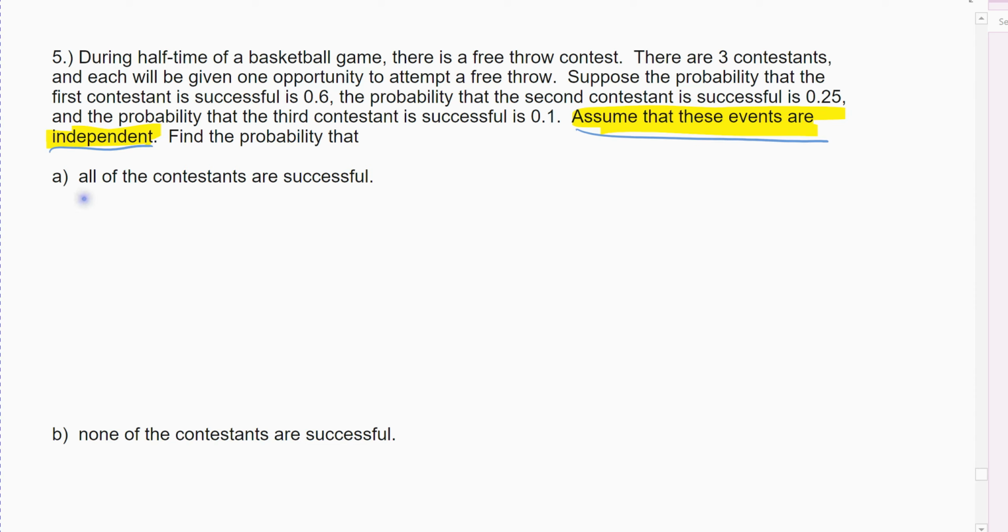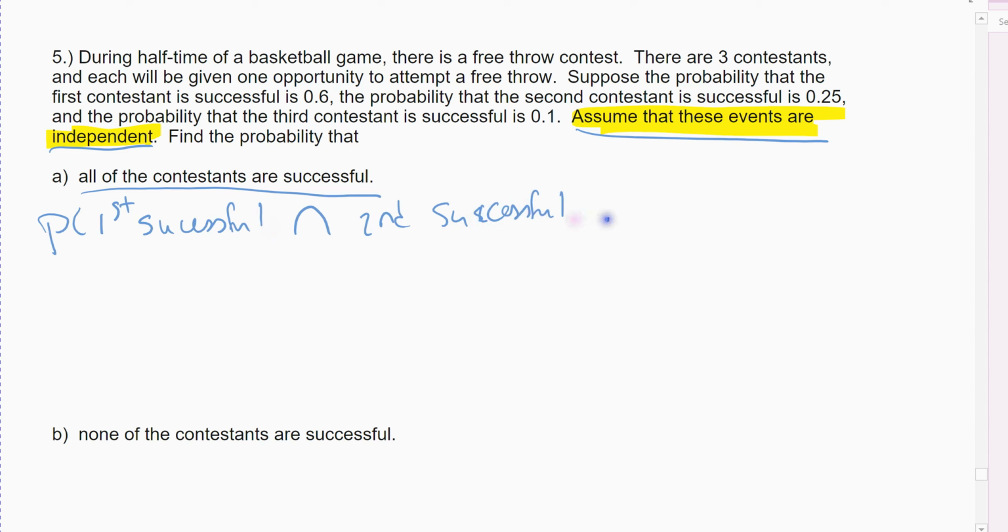So the first one, what's the probability that all the contestants are successful? So probability the first guy succeeds, and the second guy is successful, and the third guy is successful. Based on their statistical numbers collected when they were practicing, what's the chance that all three of them make the free throw?